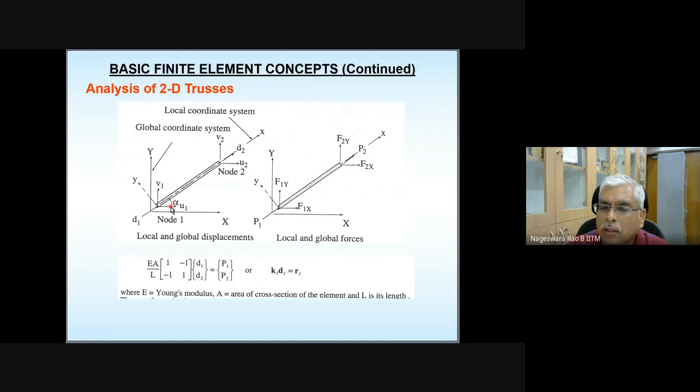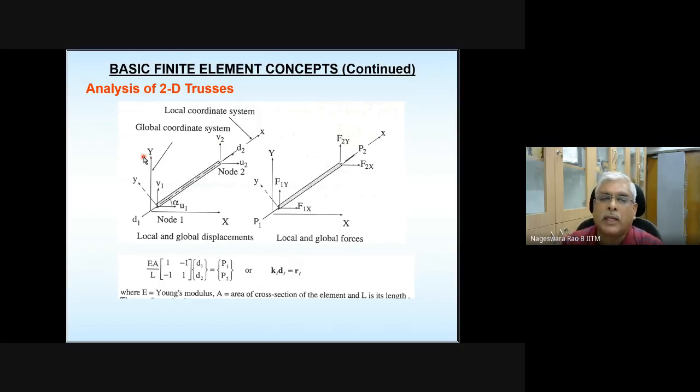What I am saying is that whatever quantity is at the location first row, second column, is the cosine of the angle between the local x-axis and the global y-axis. What is the angle between the local x-axis and global y-axis?